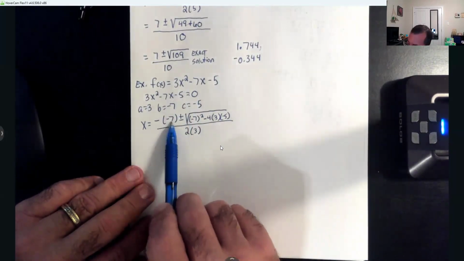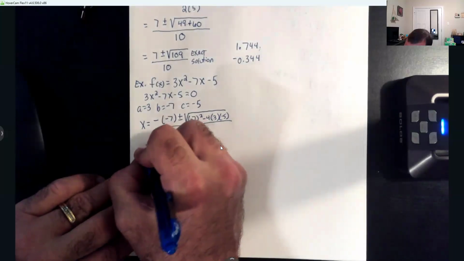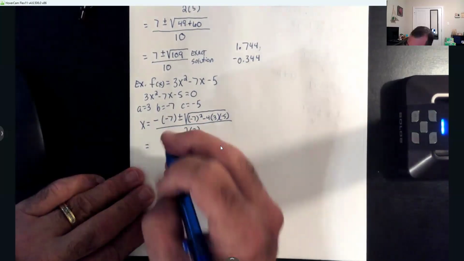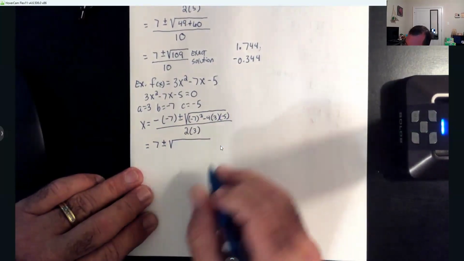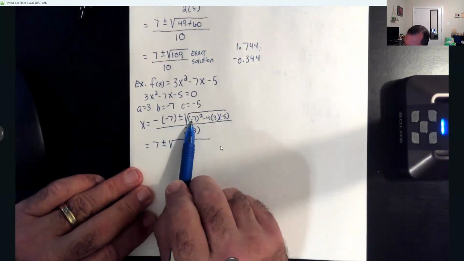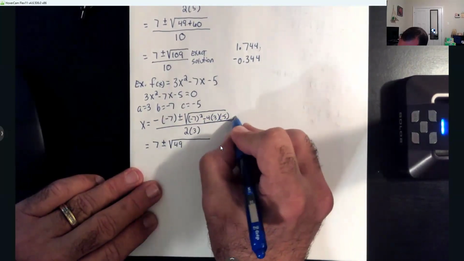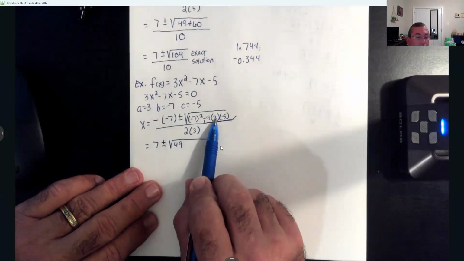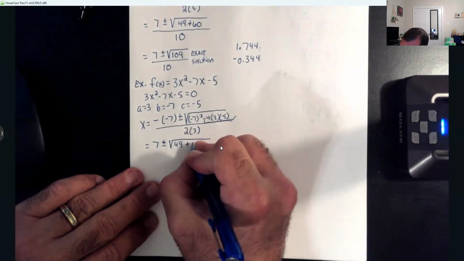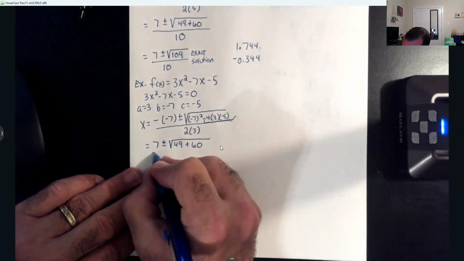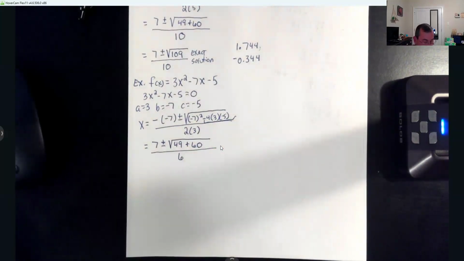All we do is put in for our B, A, and our C. All right, y'all, so negative times negative makes that a positive 7, plus or minus. 7 times 7 is 49 again. All this is being multiplied. So negative 4 times 3 is negative 12. Times negative 5 is a positive 60. Oh, this is really close to the one I just did. And 2 times 3 is 6.